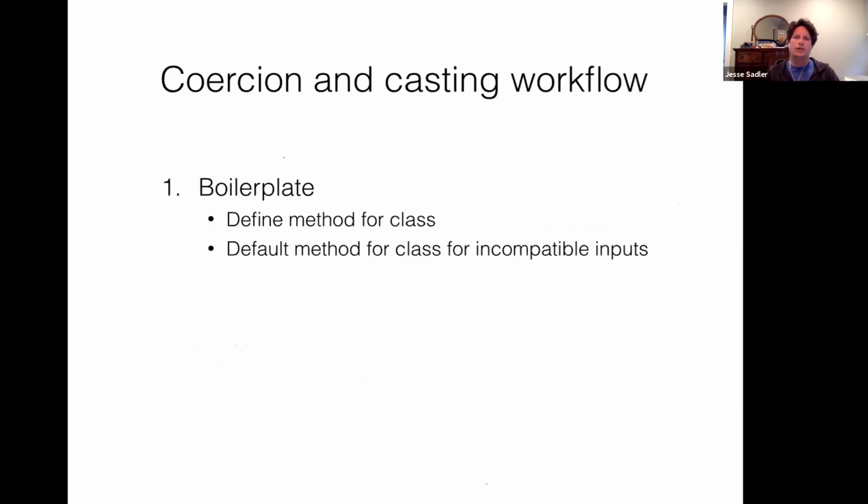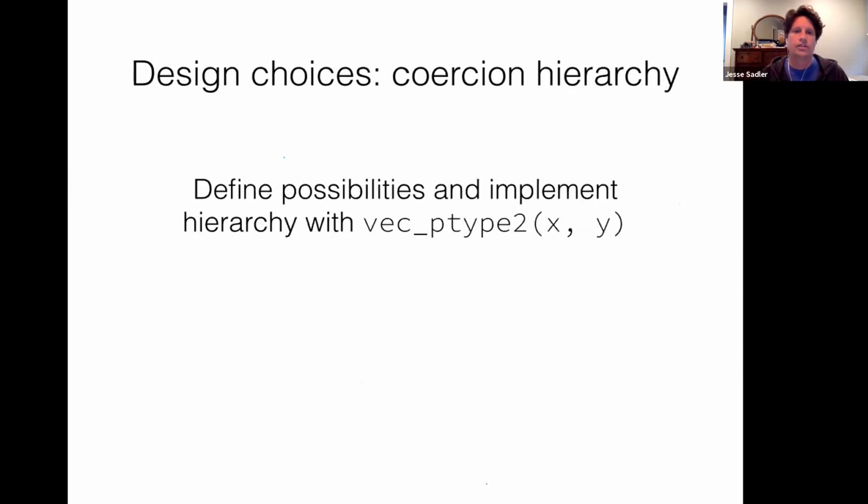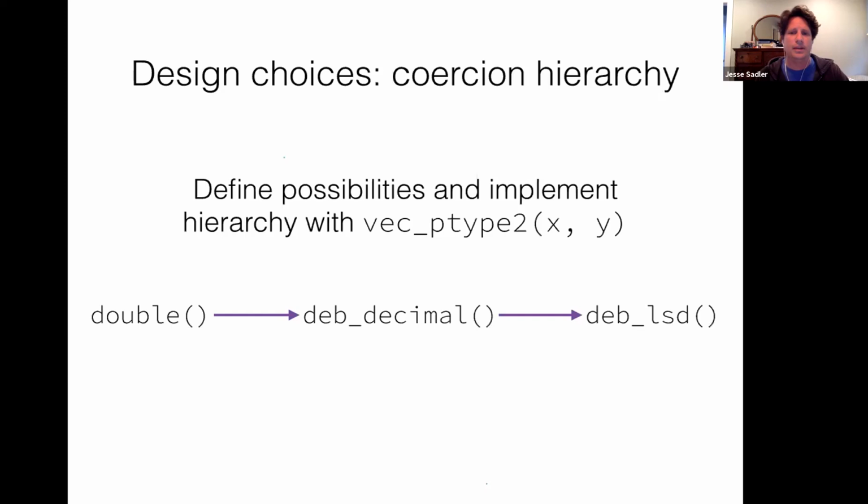So what's the workflow? Just really quickly, you basically give a boilerplate and then methods within the class and then methods with compatible classes. So the design choices for a coercion hierarchy within these classes, what I decided to do is basically, if there's a double and a deb_decimal, it'll turn into a deb_decimal.